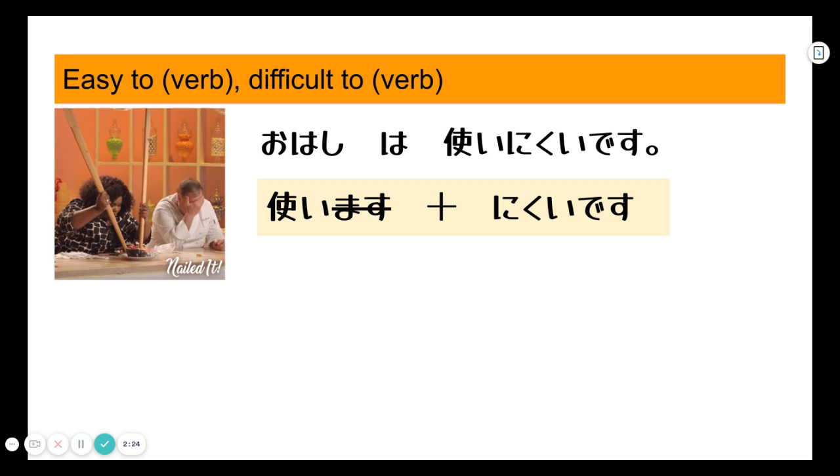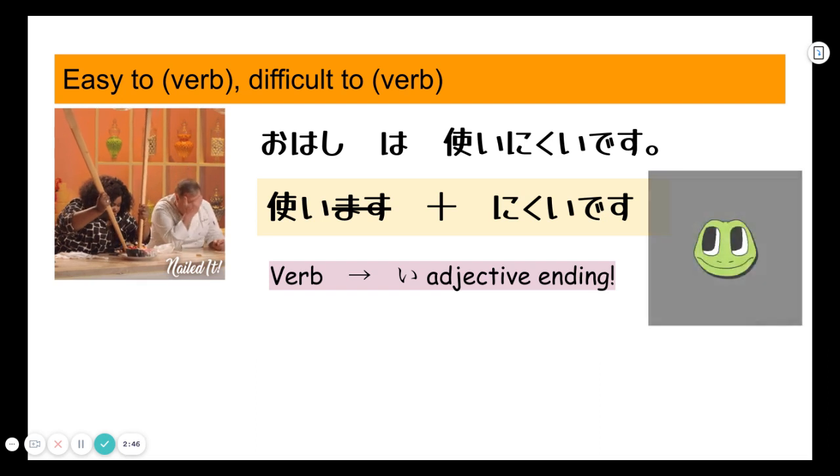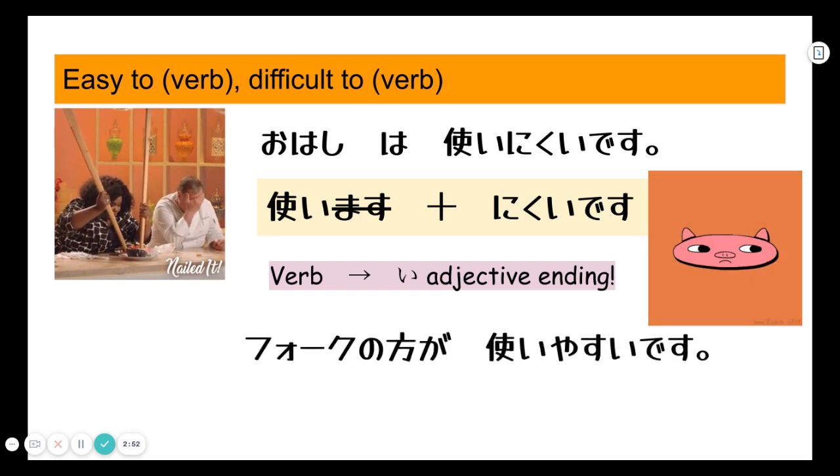So it's basically the verb stem, meaning just get rid of the ます ending, and then you add にくいです. If you notice, 使います was definitely a verb word, but if you change it to difficult to use, it turns into an い adjective ending. Morph, morph, morph alert. Does that make sense?